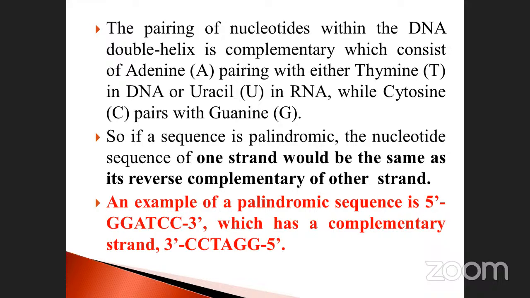An example of a palindromic sequence is 5' GGATCC 3', which has a complementary strand 3' CCTAGG 5'. See, C here, T is also there, and A is also there, G and G. Likewise, 5' to 3' and 3' to 5', both are complementary to each other, the same.